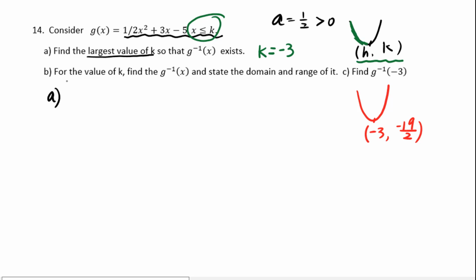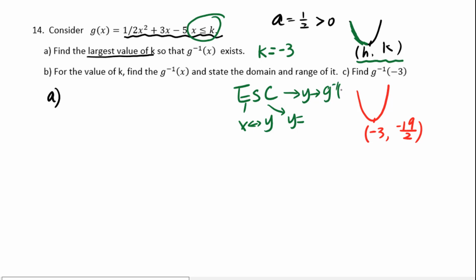Let's go to B. For the value of k, find the inverse of g of x and state the domain and range of it. Remember, we've got to use the escape button. Exchange x and y, then solve for y. Change y into the inverse symbol.